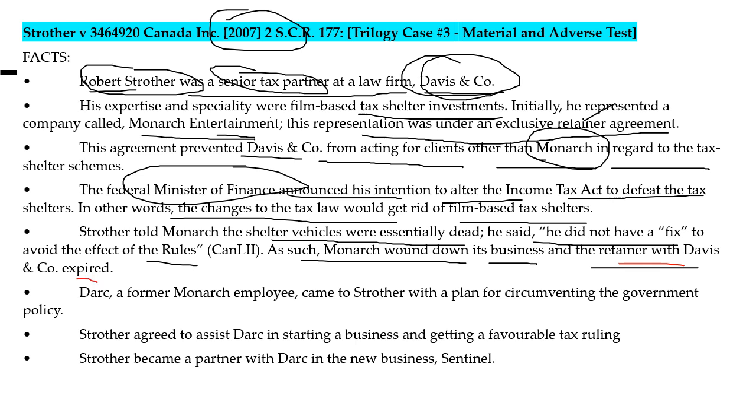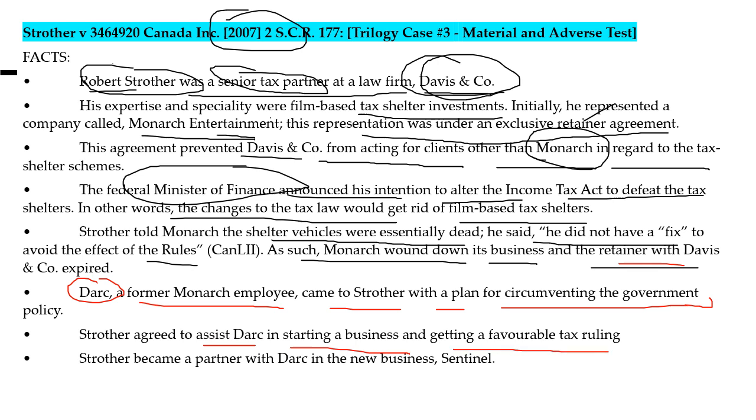So next, Dark, a former old Monarch employee, came to Strother with a plan for circumventing the government policy. He said, I have an idea, we can just circumvent the government policy which is related to this new tax thing. Strother agreed to help Dark in starting a business and getting a favorable tax ruling.